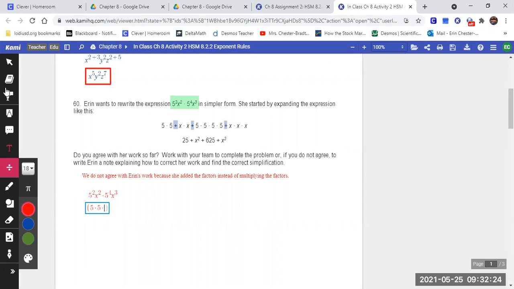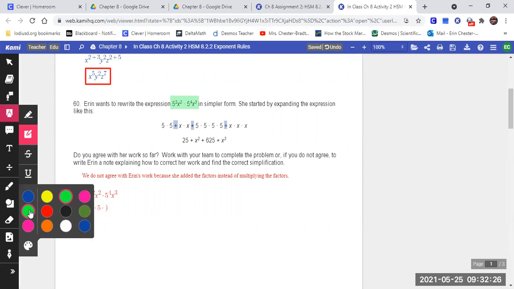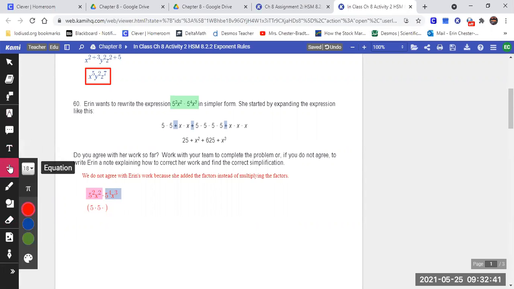So I'm looking at this first term and I'm expanding it. And then I'm going to expand the second term. There's not going to be any 5s in this parentheses. The pink has 2 5s and that's all. What else does the pink have that we have not mentioned yet?